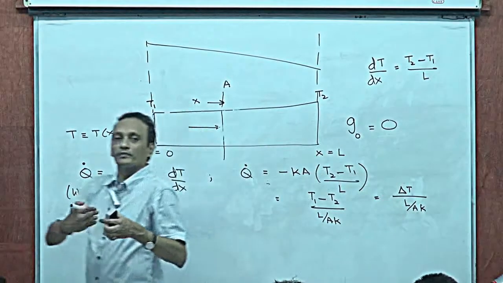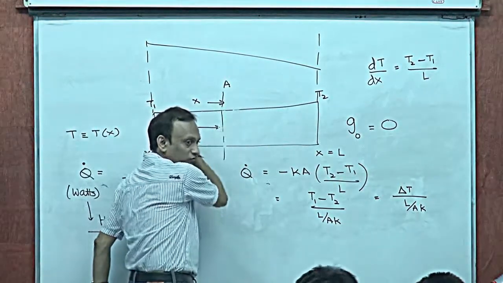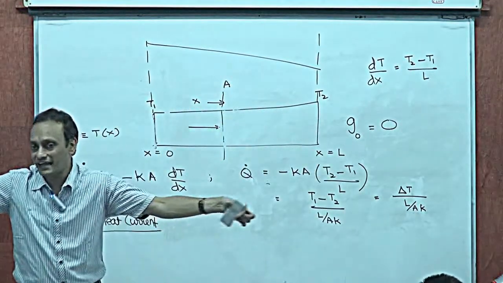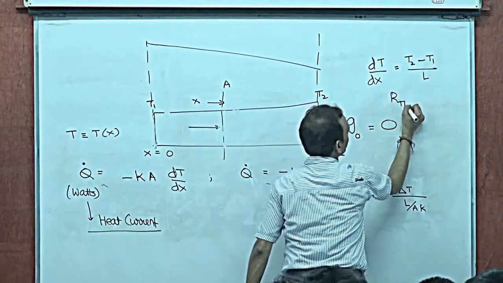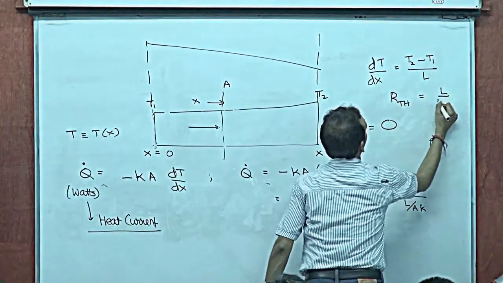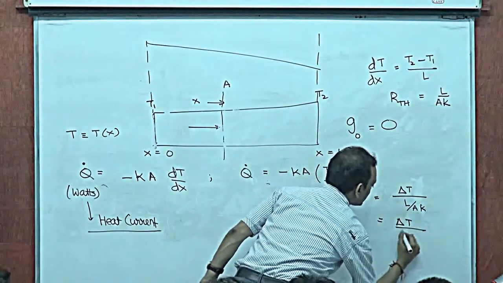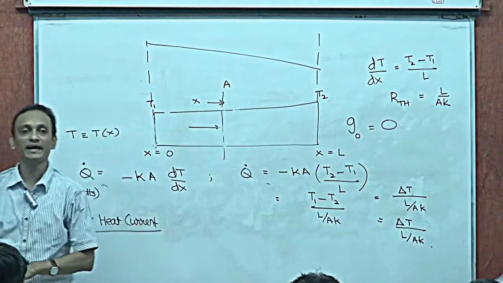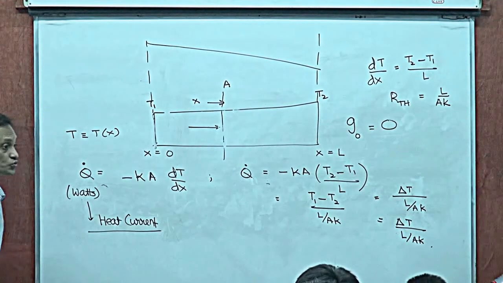So for a constant cross section A, with heat flowing perpendicular to the cross section A over a length L, the thermal resistance is going to be L by AK. So the heat current is delta T divided by L by AK. That's the heat current associated with it.